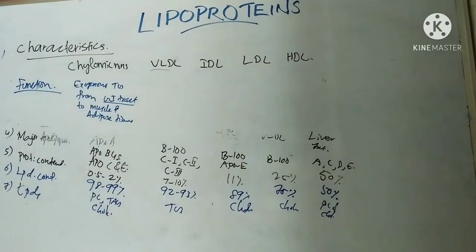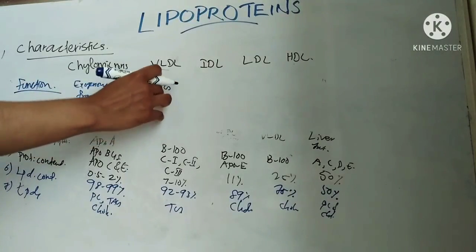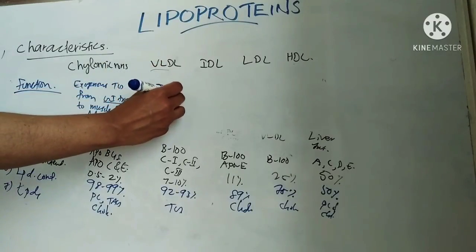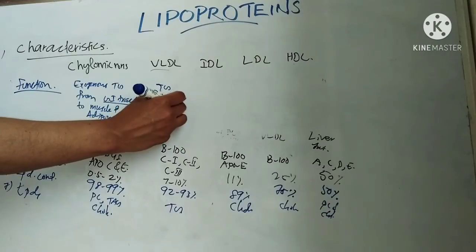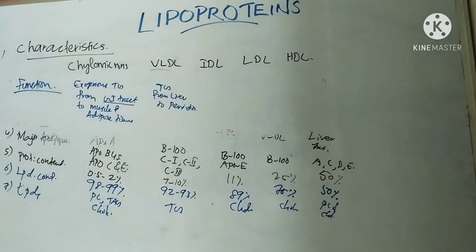That is the function of chylomicrons. Then coming to VLDL, the main function is to transport endogenous triglyceride from the liver to peripheral tissues, that is muscle and adipose tissue.